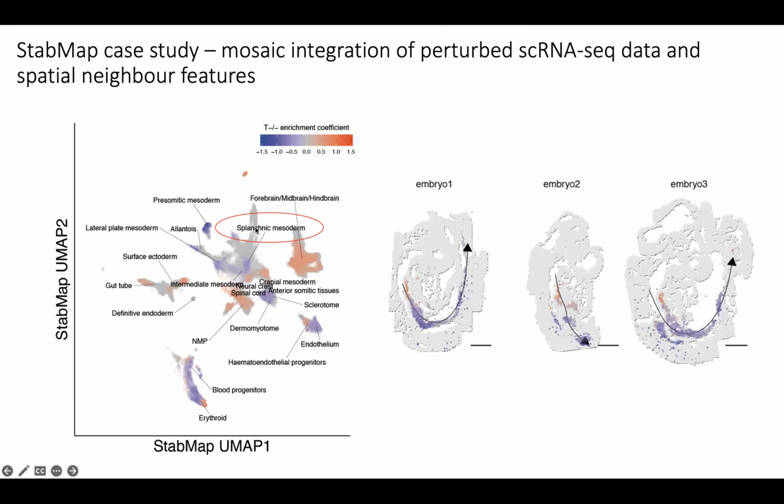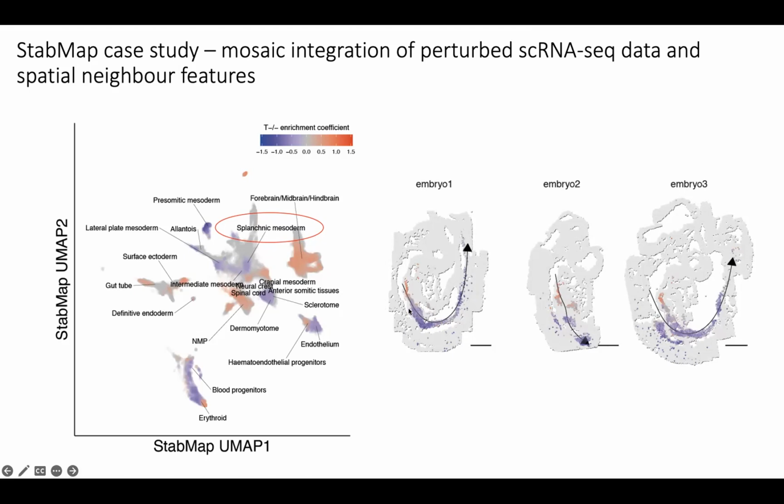Right, and so if I subset down to this splanchnic mesoderm, which is a subset of cells that will develop to form the tissues that coat your internal organs, so very important. What I've done here is plotted the corresponding cells and colored them by their predicted enrichment coefficient.